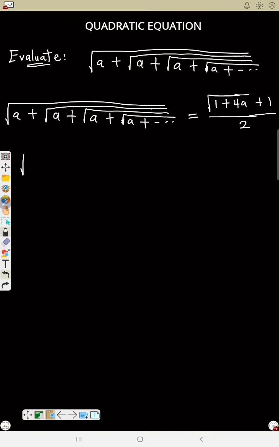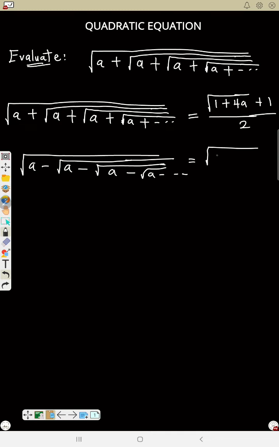Now if it is the square root of a minus the square root of a minus the square root of a minus the square root of a minus, and continue, then this is the same thing as the square root of 1 plus 4a, minus 1, divided by 2.